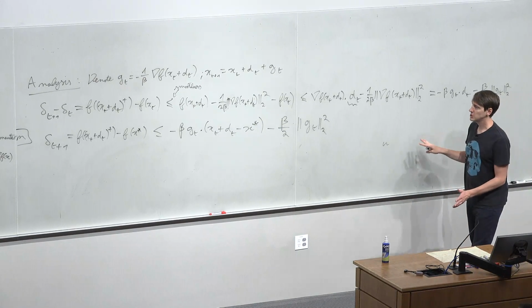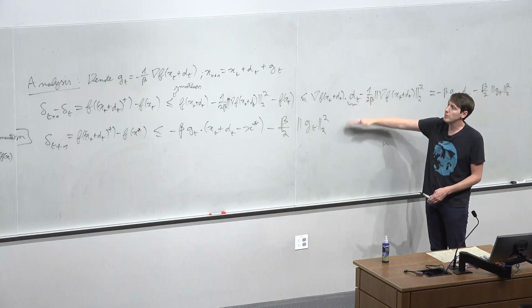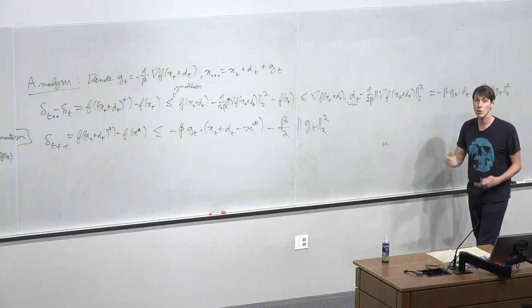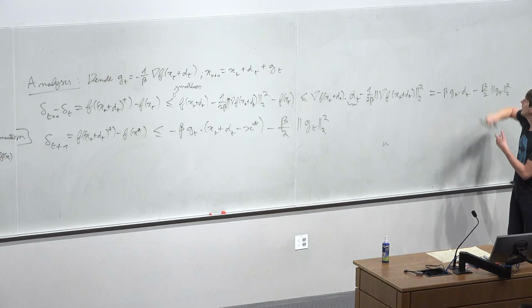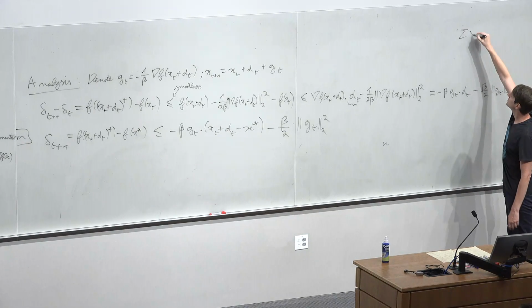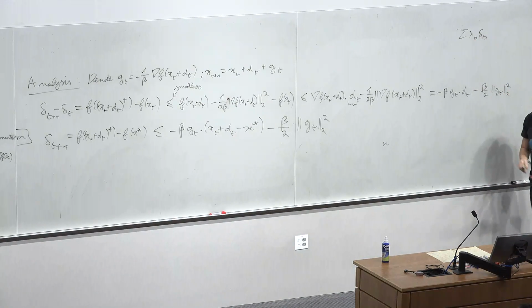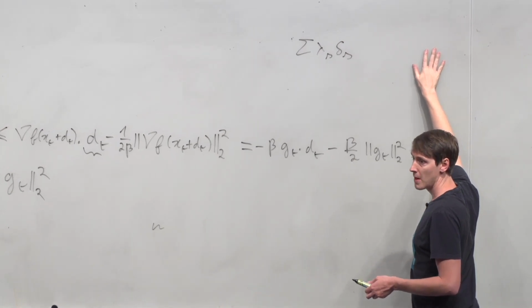In fact, the only magical step is what I'm going to do now, which is not magic at all. I'm just going to take a combination of those two inequalities and see what I get. Eventually, in many of those proofs, you want to get a telescopic sum. Remember, with Nemirovski's acceleration, what we were computing was the sum of the lambda_s delta_s, and what we were showing is some kind of self-bounding property.